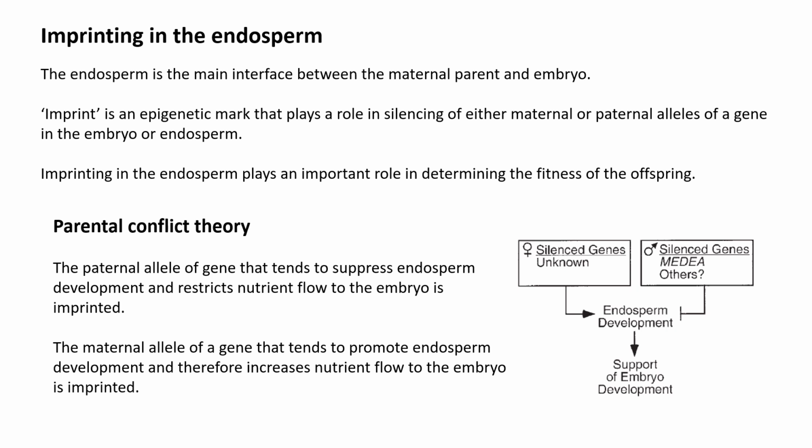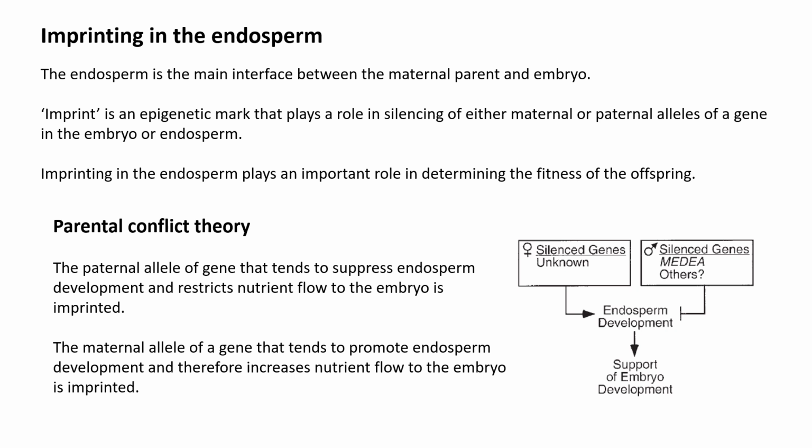According to this theory, a gene that tends to suppress endosperm development and restricts nutrient flow to the embryo would be preferentially expressed by the maternal allele, whereas the paternal allele would be silenced. By contrast, a gene that tends to promote endosperm development and therefore increases nutrient flow to the embryo would be preferentially expressed by the paternal allele and the maternal allele would be silenced.